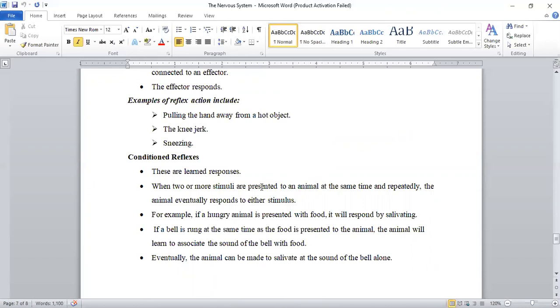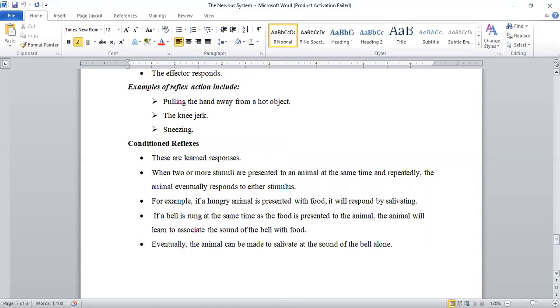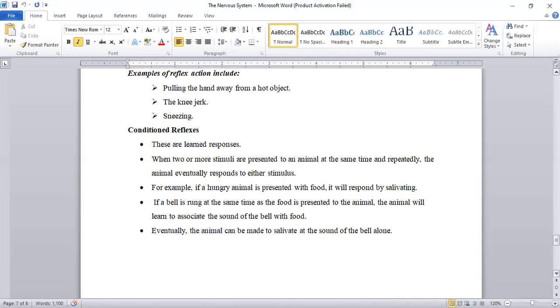For example, time for feeding, they remember time for feeding, and in this case they start acting. For example, they start salivating when that time arrives. So that is something that is conditioned. It's not something that is automatic. It is a response that is stimulated after experience. So that is the simplest way I can explain that.